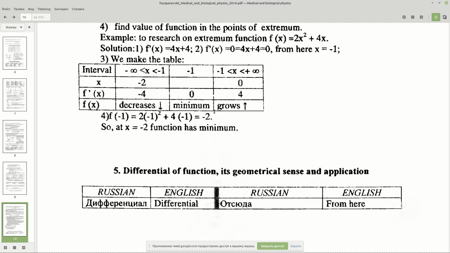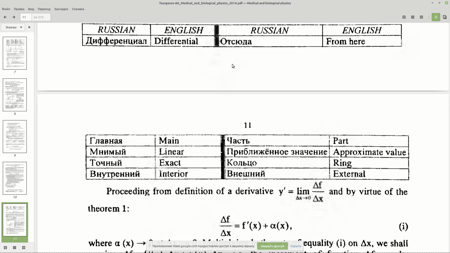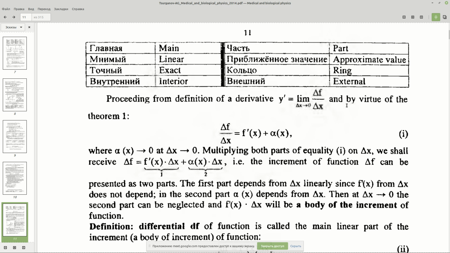Proceeding from the definition of the derivative, f prime of x is the limit of delta f divided by delta x as delta x goes to 0. By virtue of the theorem, delta f divided by delta x equals f prime of x plus alpha of x, where alpha depends on x and goes to 0 very fast as delta x goes to 0.